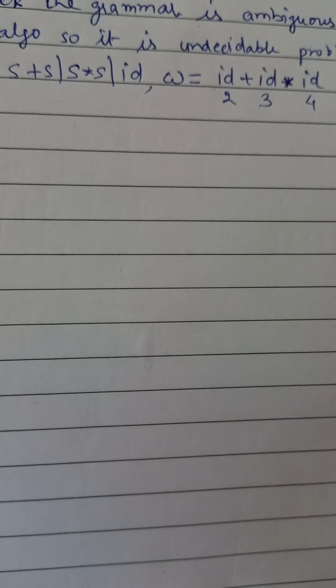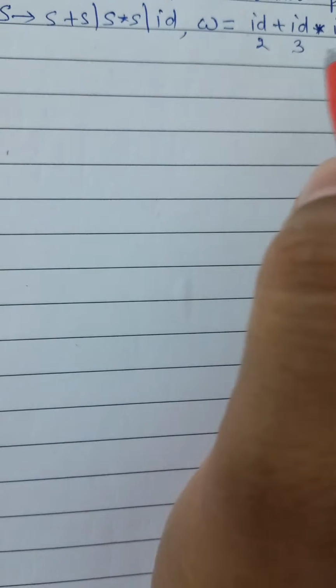Suppose we have this grammar, and we need this string, and we have these values for id: 2, 3, and 4. First we make the parse tree for the string id plus id star id from this grammar.